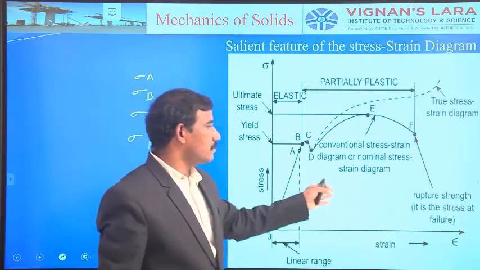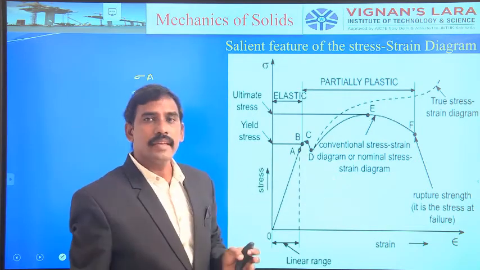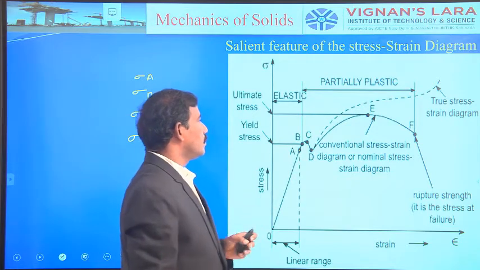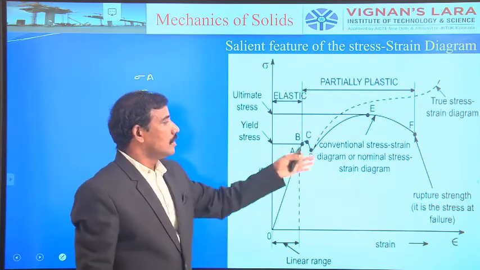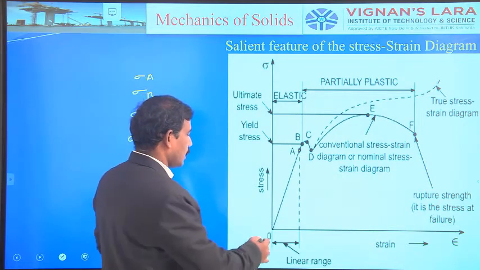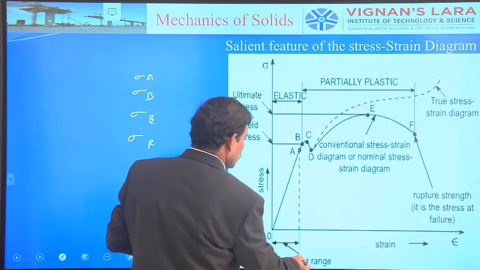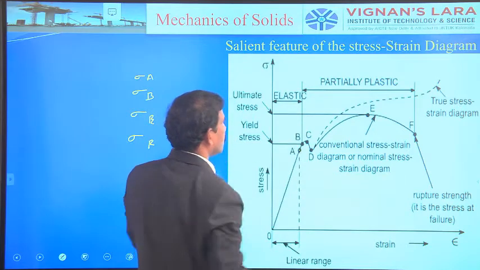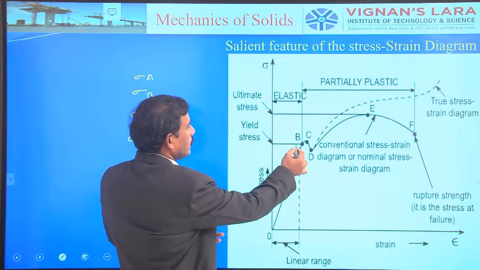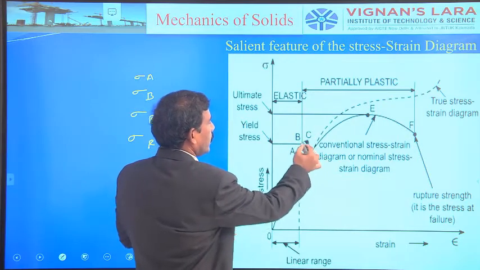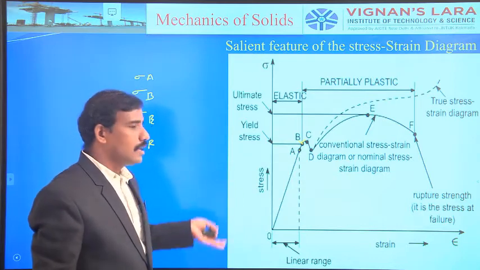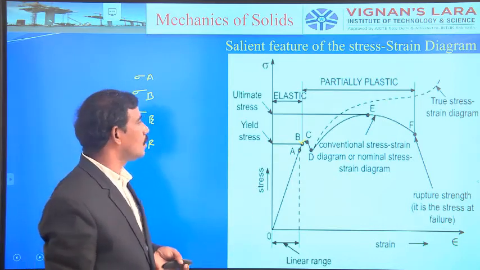By conducting the experiment on a particular material, we observe the salient features. Then we have to calculate the stresses at the corresponding points. Let us come to the graph. What is the first portion? That is the elastic range or elastic deformation. It means whenever the force is removed at point B, the material regains its original shape and size, as we discussed just now.